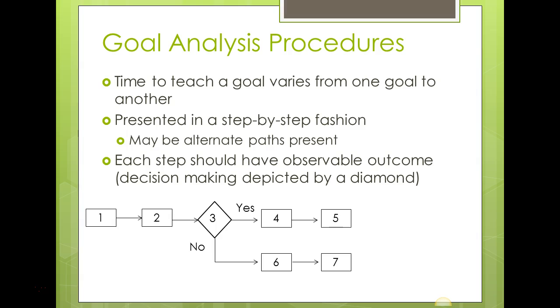Now, in this goal analysis, this is where you're coming up with the step-by-step steps to guide the learner from one thing to the next, exactly as the person should be doing it. So as you can see there, each step should have an observable outcome, and you depict those with the squares and the numbers, sequential. If you have a diamond, as you see in step 3, that's a decision-making process that the learner has to take.